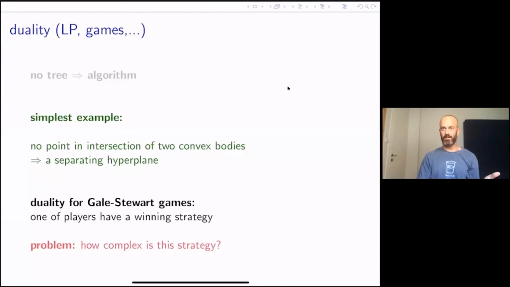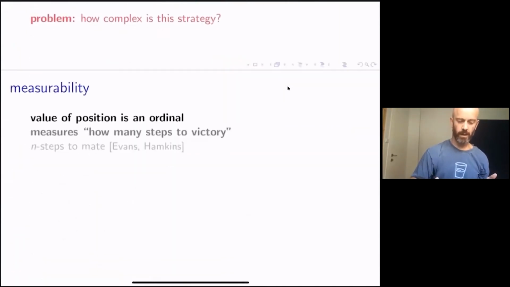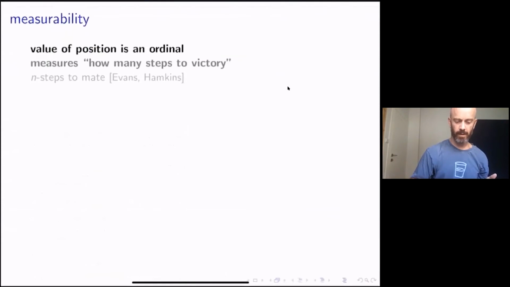This is something that took us some time to understand. The next slide will give you some idea of how we managed to understand that this strategy is not crazy. This is the next thing I want to talk about.